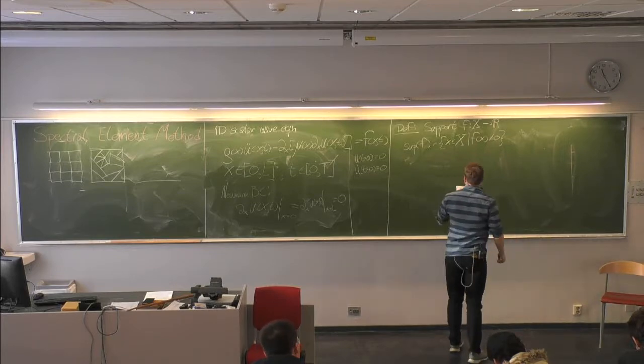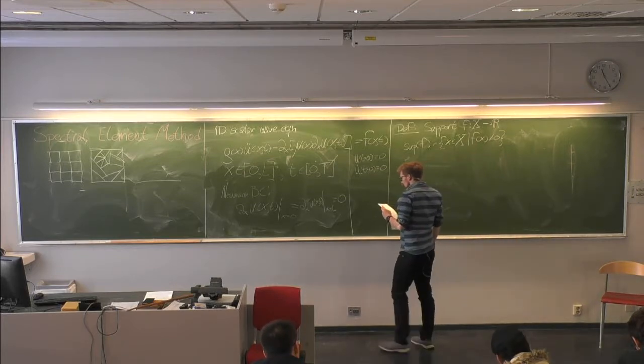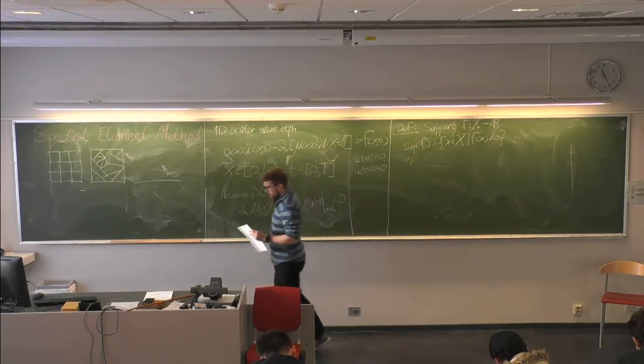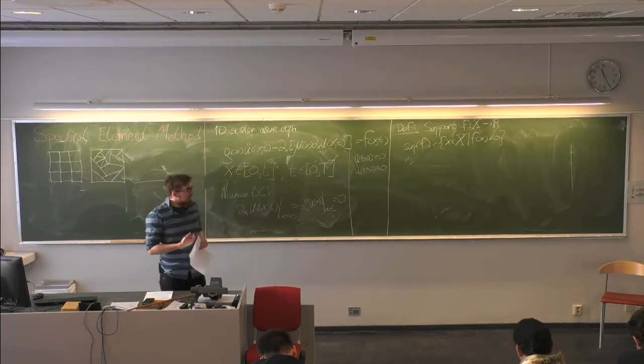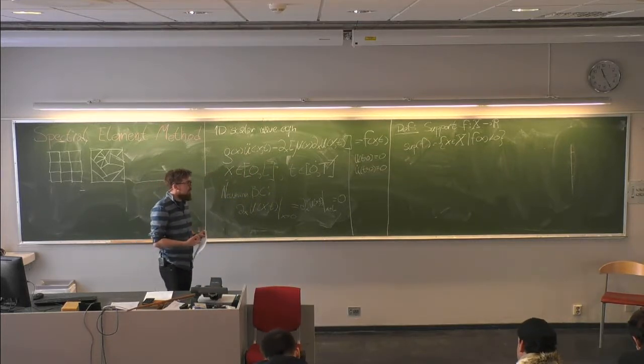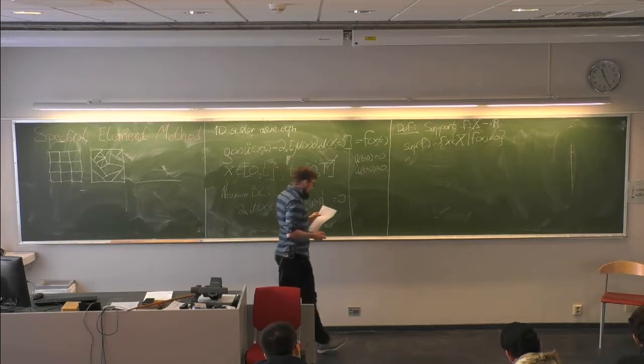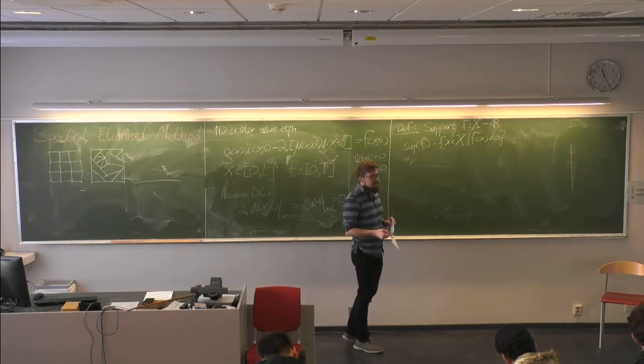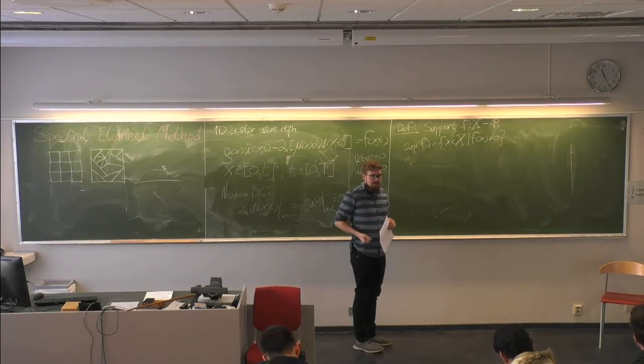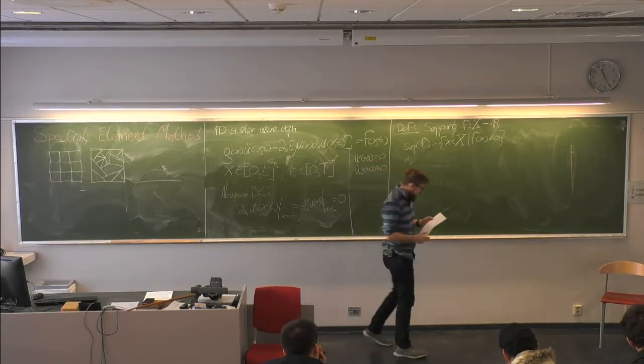Okay. And that it has a compact support means that these x's are a compact subset of X. Does that make sense? Okay.